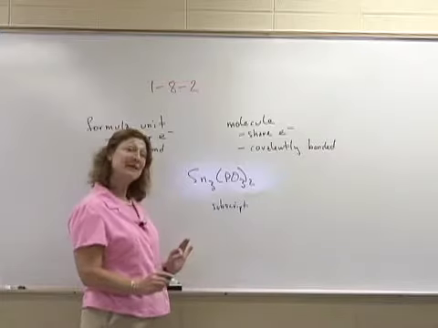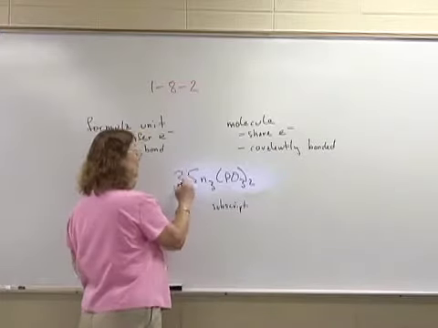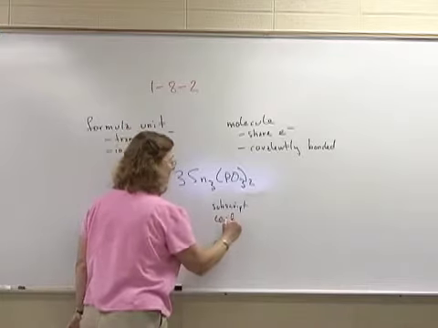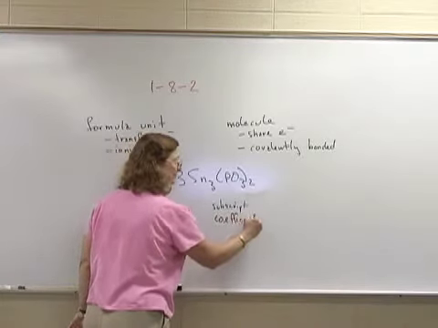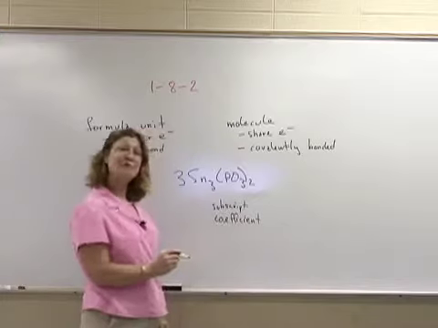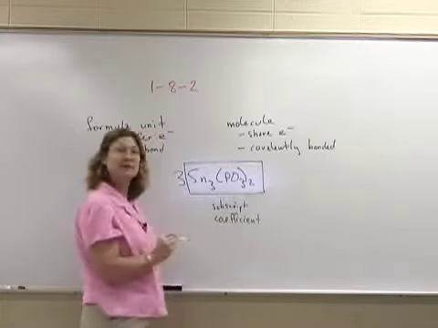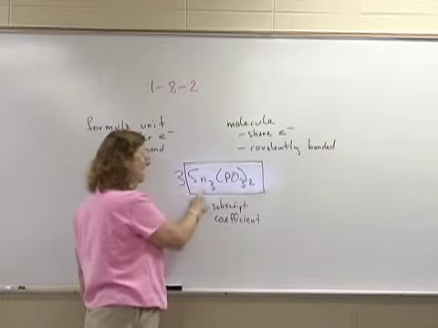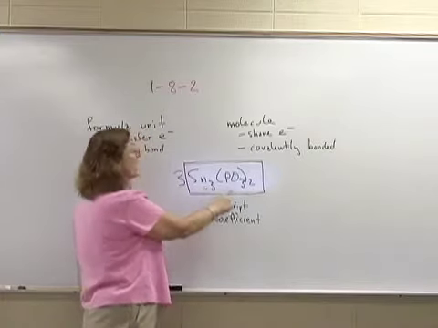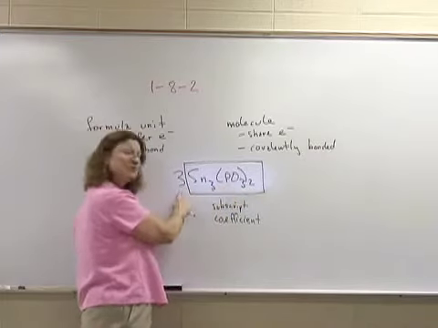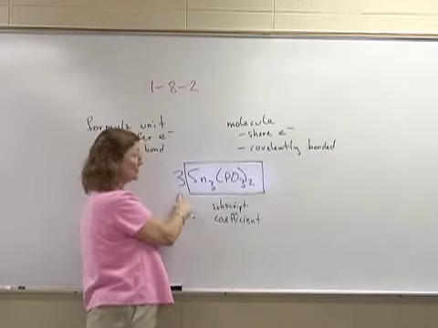Now, if I put a big number in the front, like a 3, that is called a coefficient. The coefficient is referring to the whole compound. Therefore, I have 9 tin atoms. I have 2 phosphorus in the compound, times 3 is 6 atoms of phosphorus.